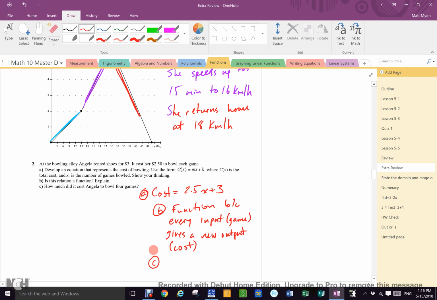And C, 4 games, cost equals 2.5 times 4 plus 3, which equals $13.